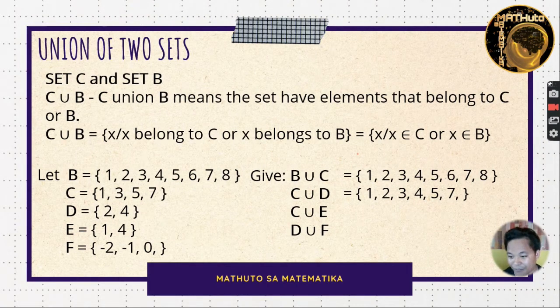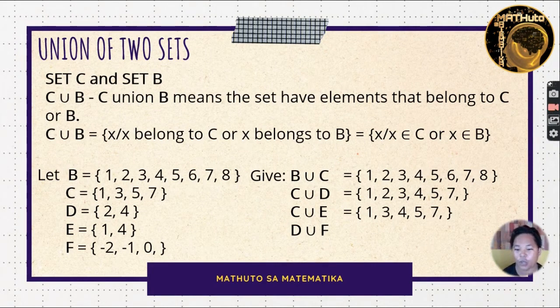And remember that if elements are repeated, we write it once only. For C union E, we have the elements 1, 3, 4, 5, 7. And for D union F, we have the elements negative 2, negative 1, 0, 2, and 4.